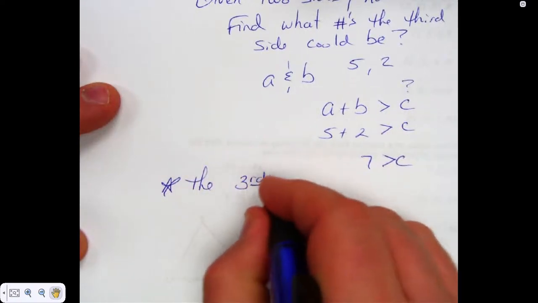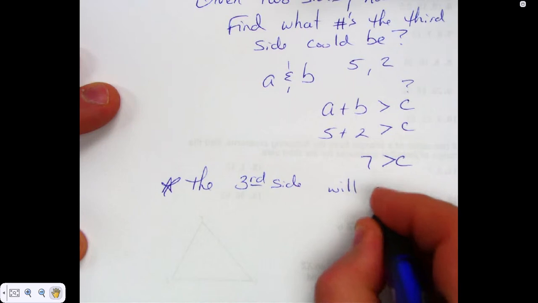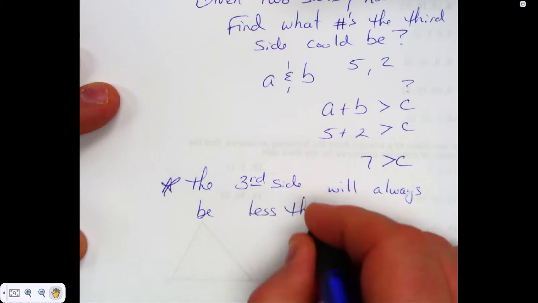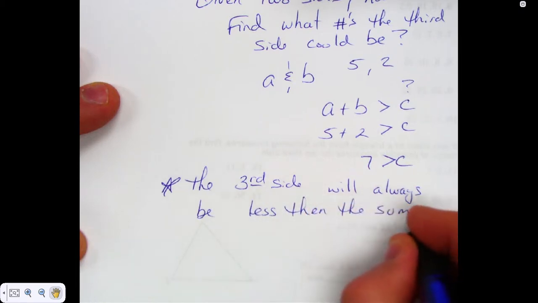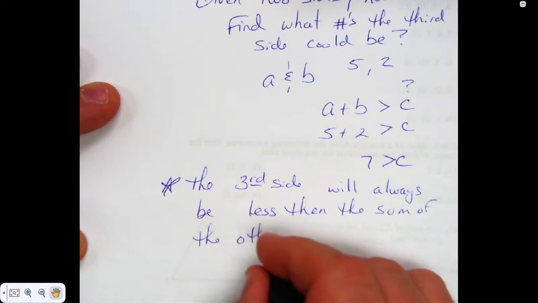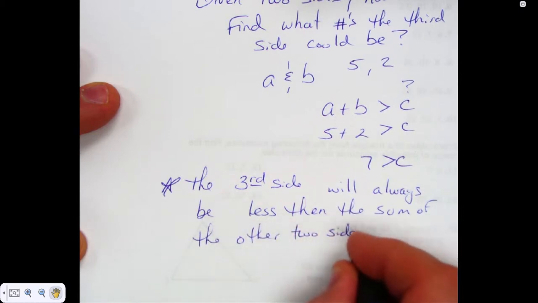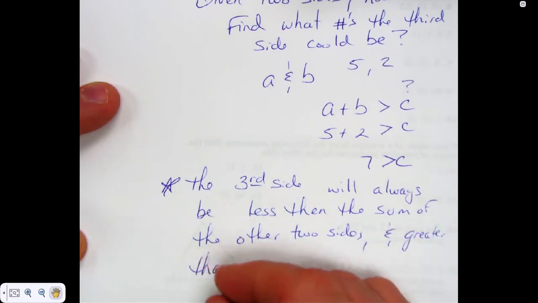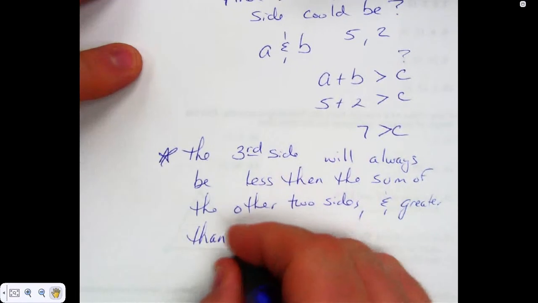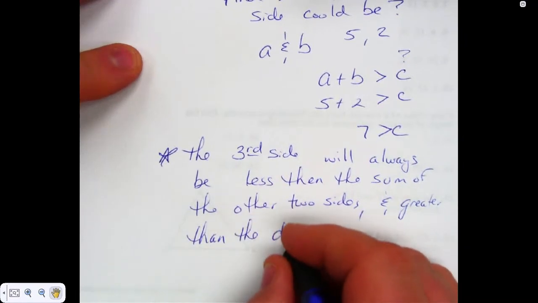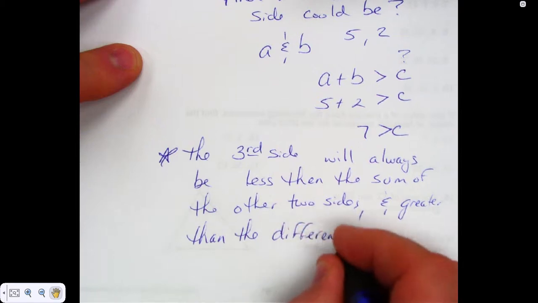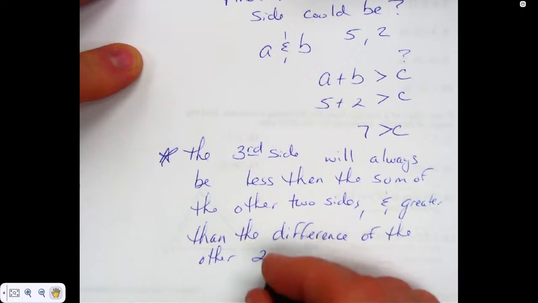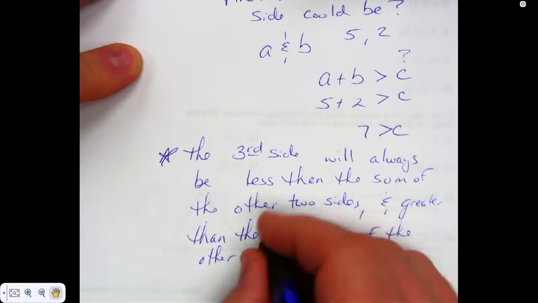The third side will always be less than the sum of the other two sides and greater than the difference of the other two sides. And I guess I should put positive difference.